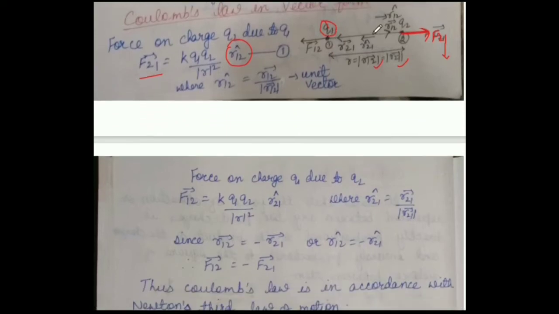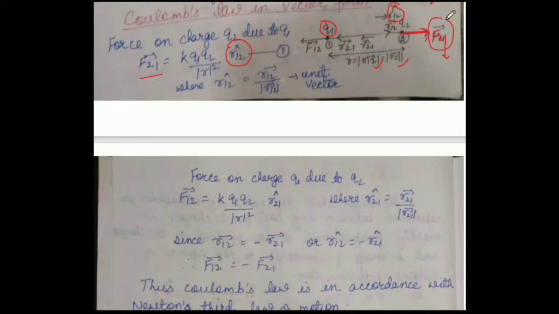So the unit vector from 1 to 2 is R12. In some books it is written as R2 minus R1, final minus initial, right? So this R12 is a unit vector from 1 to 2 and it is the direction of F21.